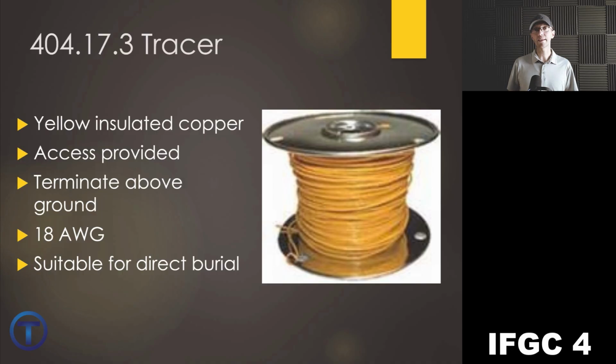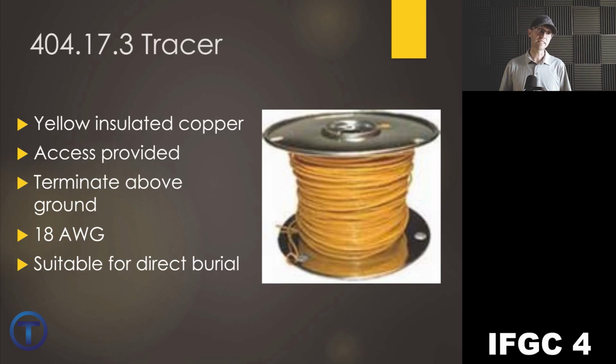When gas pipe is buried underground, particularly plastic pipe, we need to bury it with a tracer wire. That way we can find it quickly and know exactly where it is so that we're not going to dig it up and cause serious problems. It has to be a yellow insulated copper wire. Access has to be provided on the ends so that we can attach equipment and find that line, trace it out. Those access points have to terminate above ground.